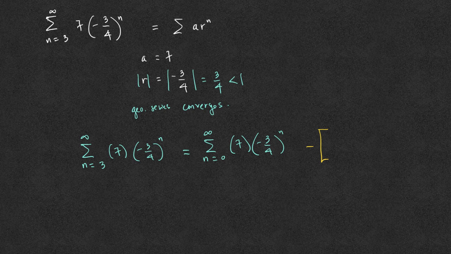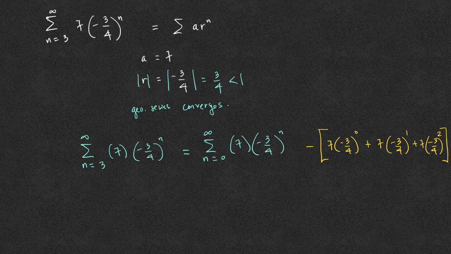We have to take away those. First, we don't have 7 times negative 3 over 4 to the 0 power. Next, we don't have 7 times negative 3 over 4 to the 1 power. Next, we don't have 7 times negative 3 over 4 to the 2 power.